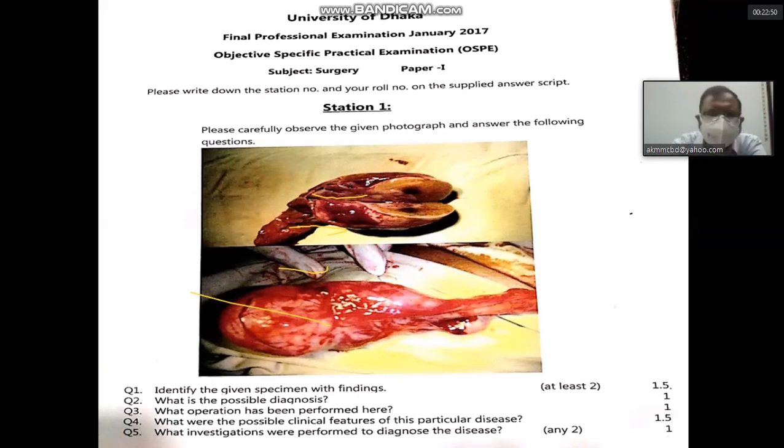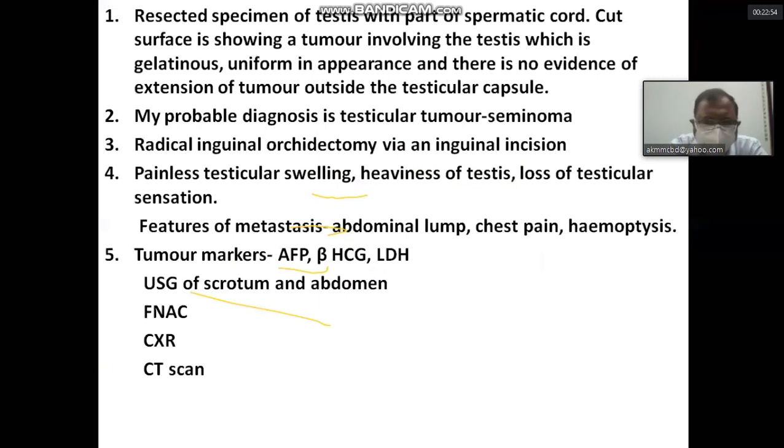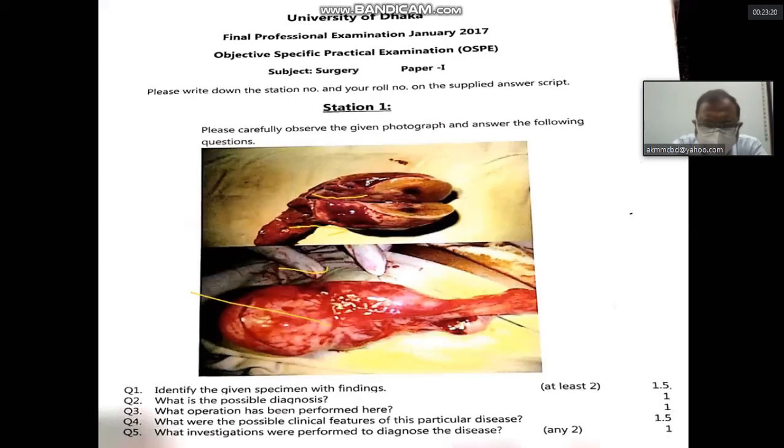Read the other questions. So, identify the given specimen with findings. This is the resected specimen of testis with part of spermatic cord. And findings: cut surface is showing a tumor involving the testis, which is gelatinous, uniform in appearance, and no evidence of extension of tumor outside the testicular capsule.